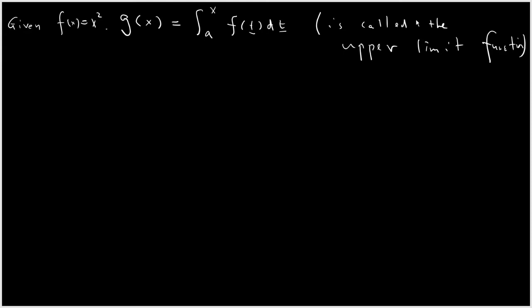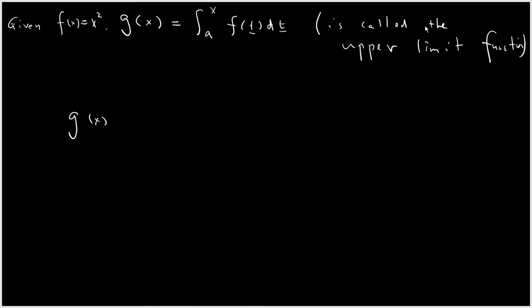I know it's not quite reasonable to use FTC to tell you the meaning of FTC, but I will show you the meaning of the function. If the integrand is x squared, now let's try to compute g of x.